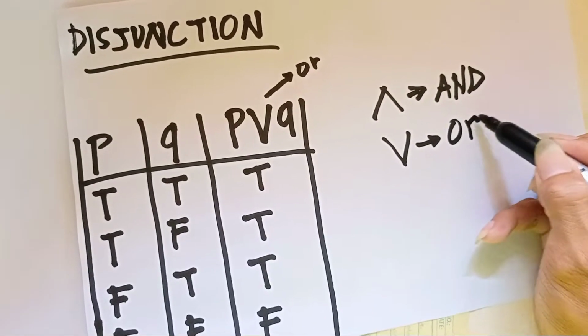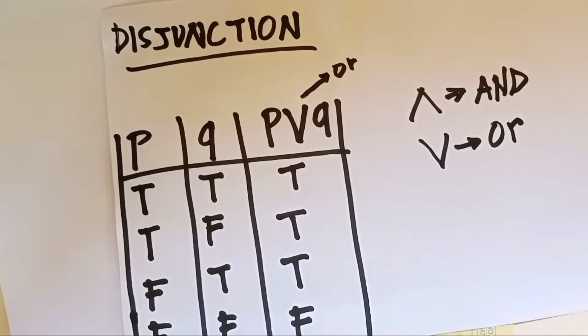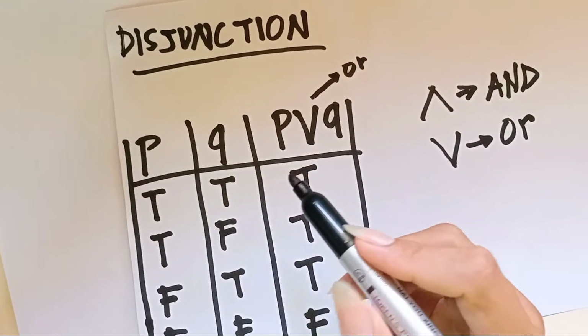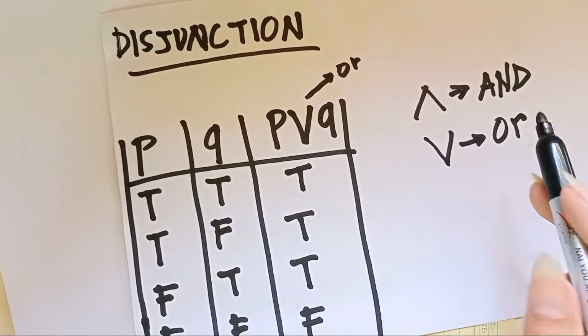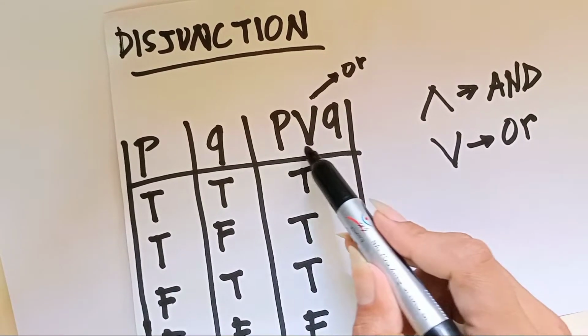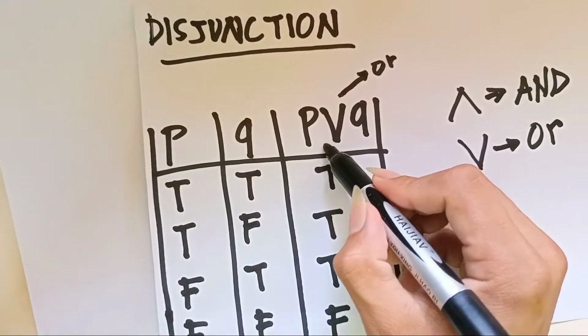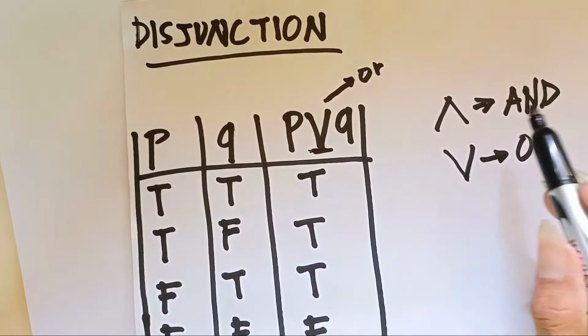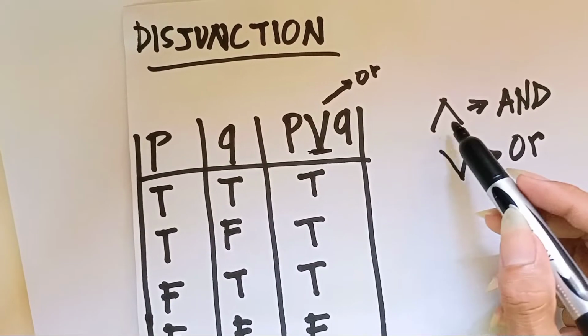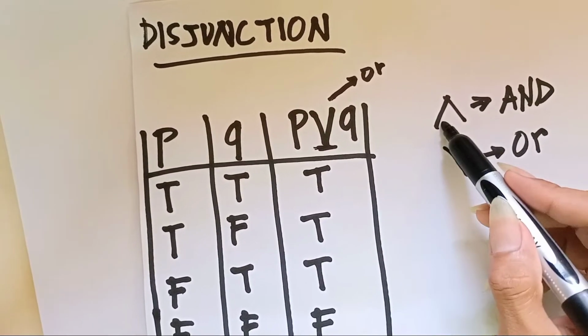So in the rule of disjunction, the connective or is used. This is the connective used for disjunction. For conjunction, this one is the connective.